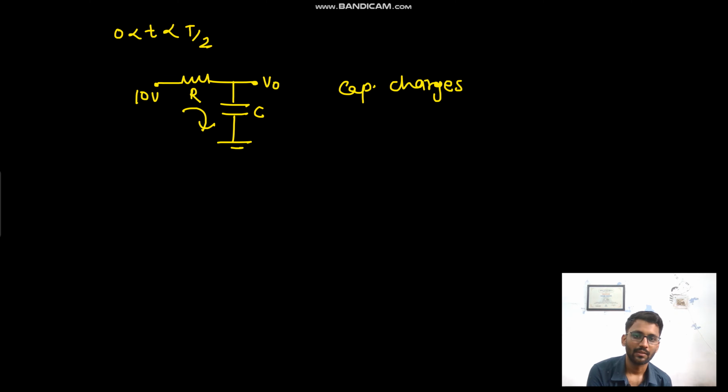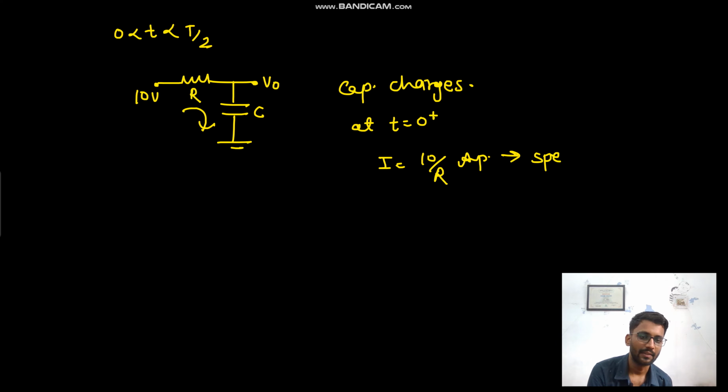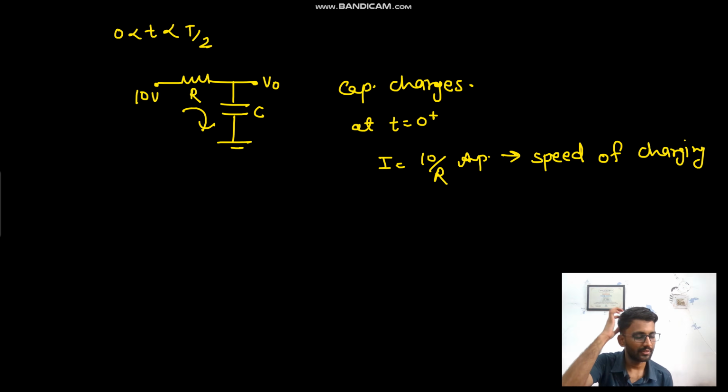At t equals 0 plus, what is the current? I equals 10 by R ampere, right? We can call it the speed of charging, because this 10 by R current will charge the capacitor only, right?